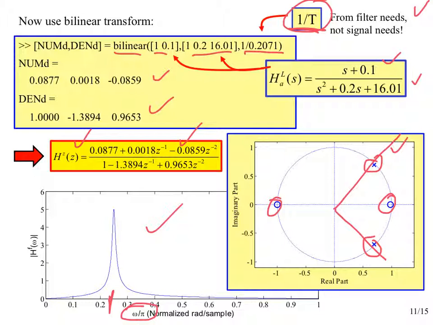So notice that our filter's 4 radians per second peak got mapped to pi over 4 radians per sample, and our 5,000 hertz signal components also got mapped to the same point. So we mapped the signal components and the frequency components differently, and they end up at the same place. So that's method number 1.